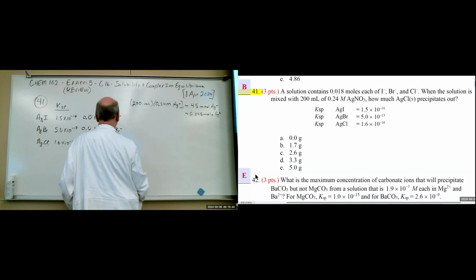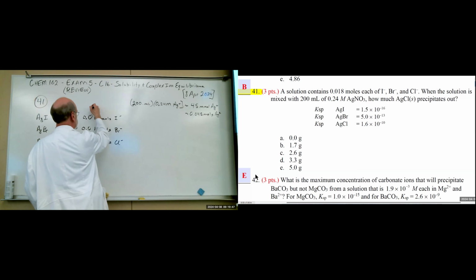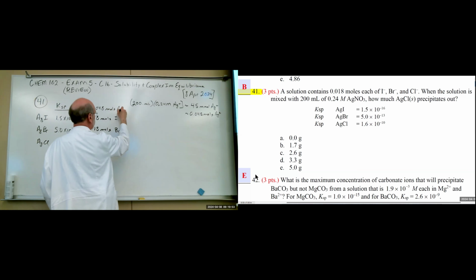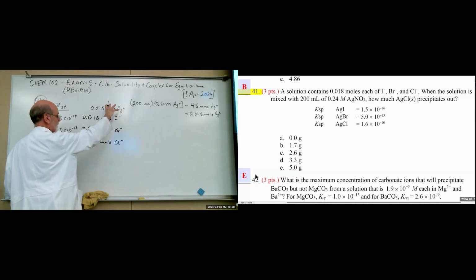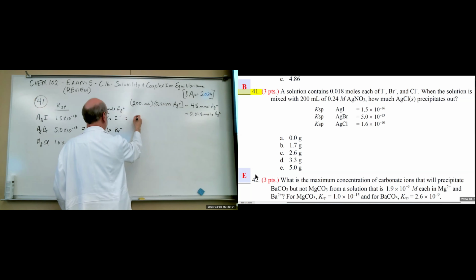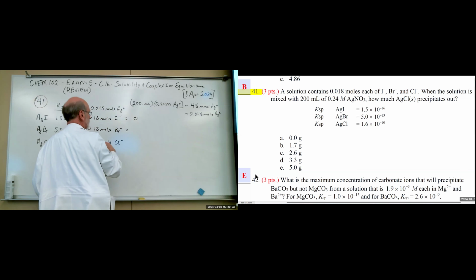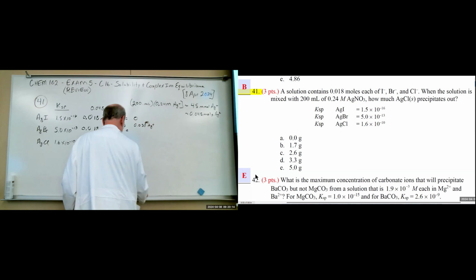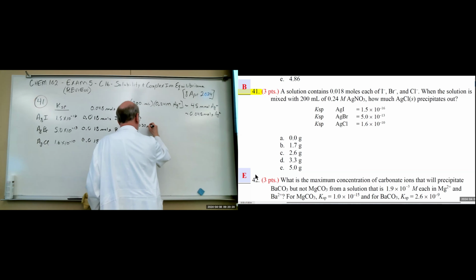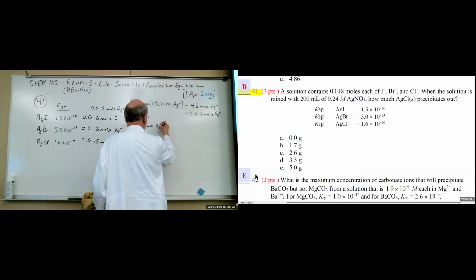If 0.048 moles of silver is all that's available, then we're going to use up 0.018 moles of that in this compound. How much silver do we have left over? 0.030 moles of silver remain.